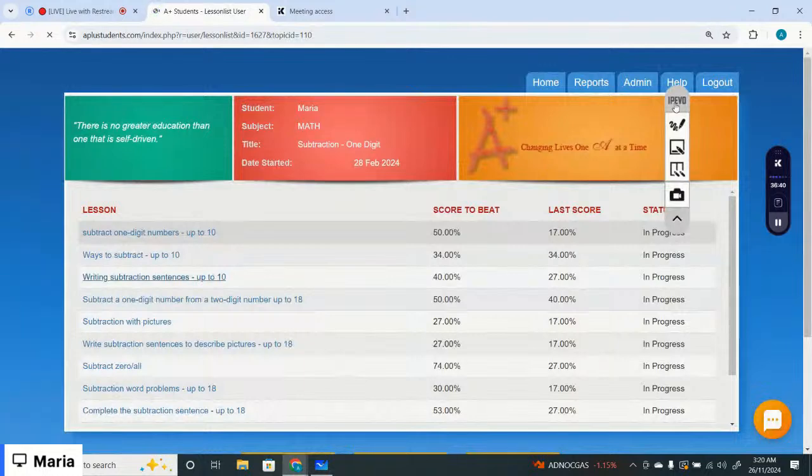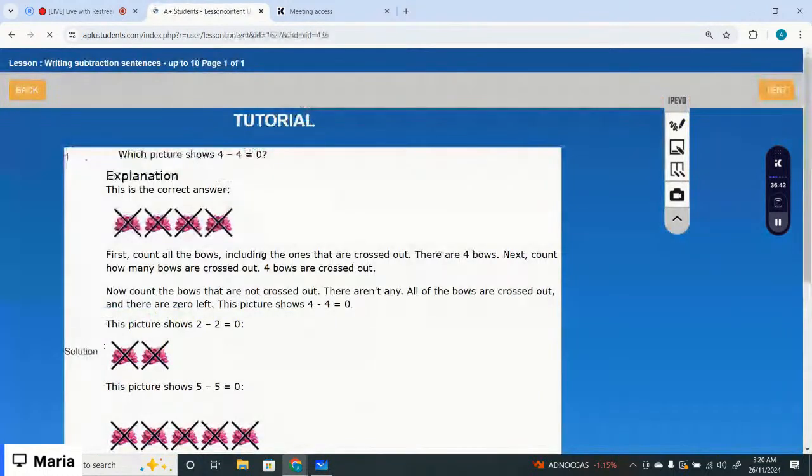The next lesson is writing subtraction sentences up to 10. Which picture shows 4 take away 4 is 0?